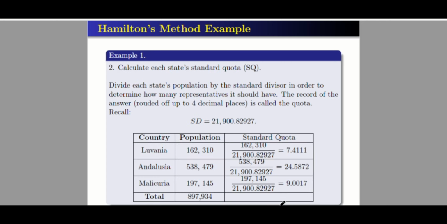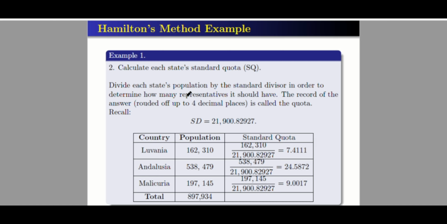So example 1, procedure number 2, or step number 2. We must now calculate each state's standard quota. So divide each state's population, or country's population, by the standard divisor in order to determine how many representatives each should have. The answer should be rounded off to 4 decimal places.